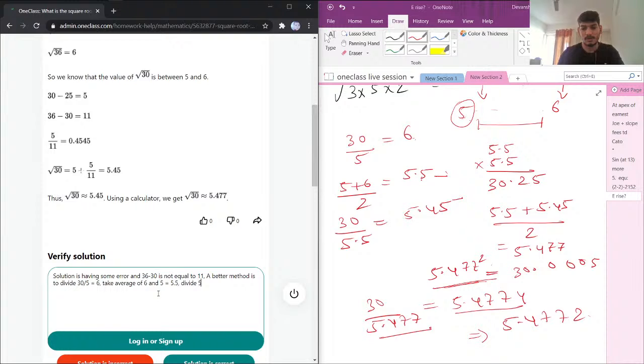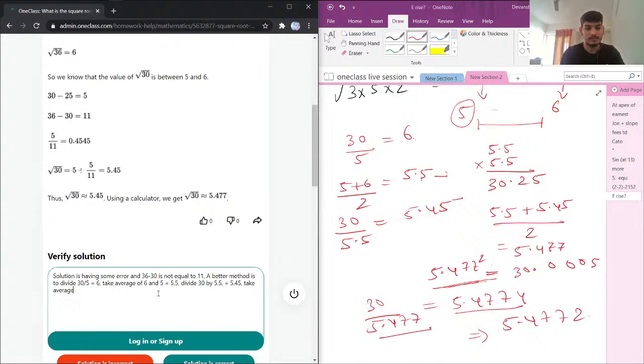Divide 30 by 5.5, which is equal to 5.45.